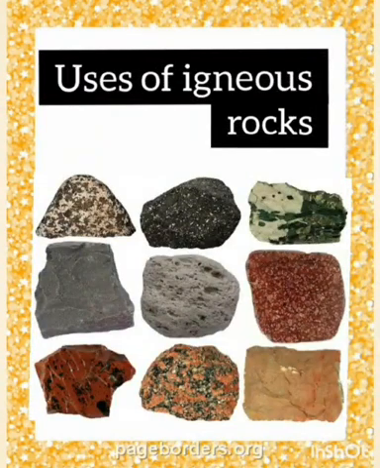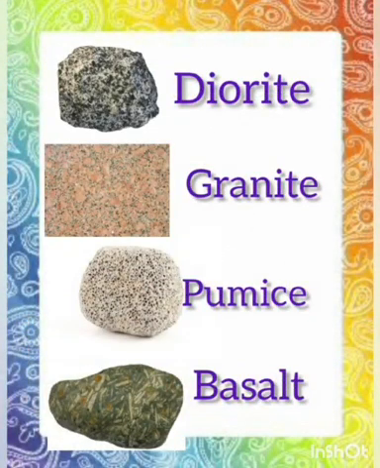Uses of igneous rocks. Igneous rocks have a wide variety of uses. One important use is as stone for buildings and statues. Diorite. Diorite is used for making vases and other decorative artworks.